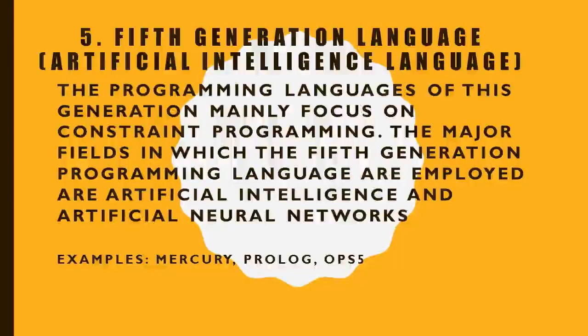The focus of the fifth generation programming language is on constraint programming. Okay, it means the artificial neural network and artificial intelligence are working together in this field. Some examples are Mercury, Prolog, and OPS 5.